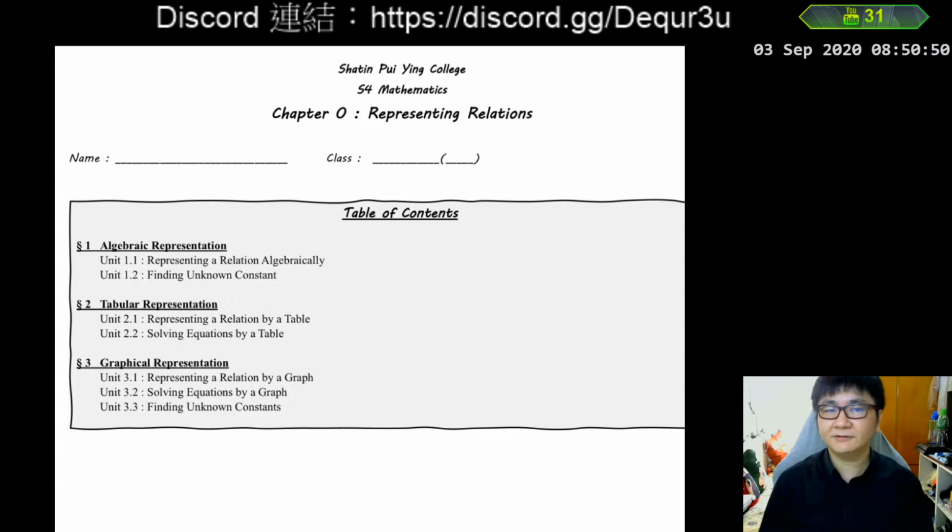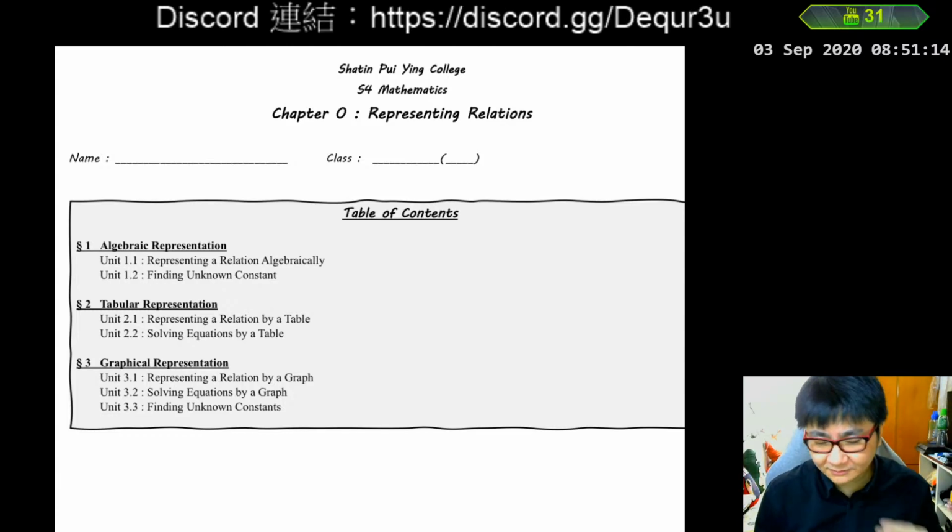Using a graph is also a very good way because it helps us visualize the relation, not just from equations or numbers, but in a picture way. Okay, so these are the three sections. I hope in today's lesson we can talk about all of these.